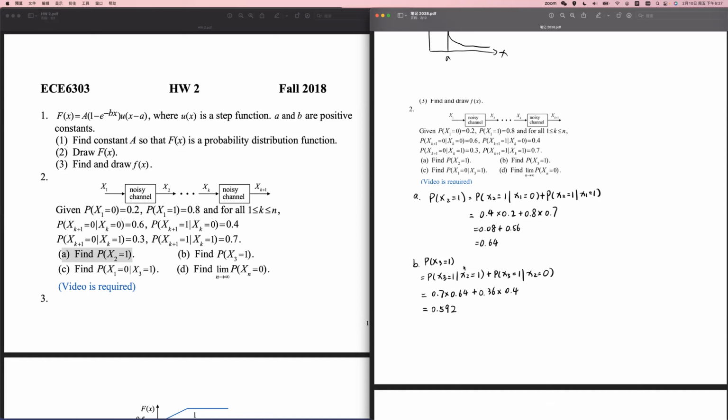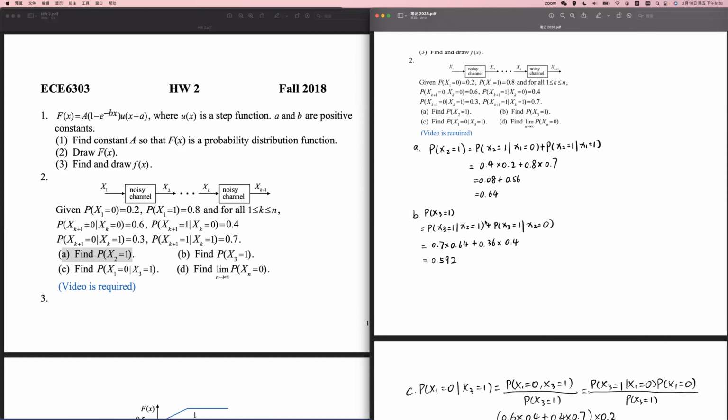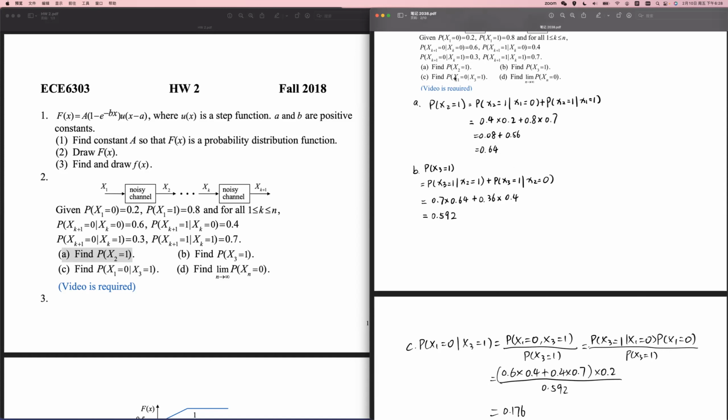So the probability that x2 equals 0 should be 0.36, which is 1 minus 0.64. And it times 0.4, which is this part. So I can get 0.592 as the final result for x3 equals 1.